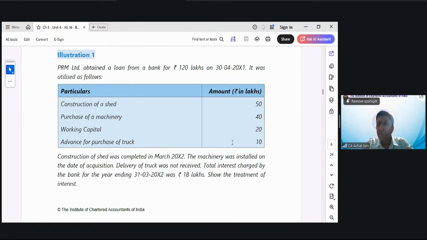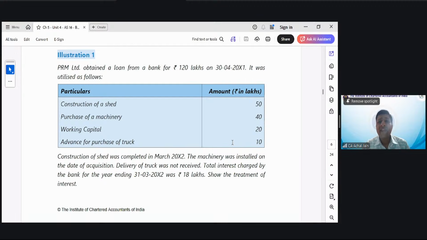For construction of shed, 50 lakhs was utilized. Purchase of machinery, 40 lakhs. Working capital, 20 lakhs. Then the company has given an advance for purchase of a truck, wherein 10 lakhs has been utilized. So all in all, you are given a split of this 120 lakhs.